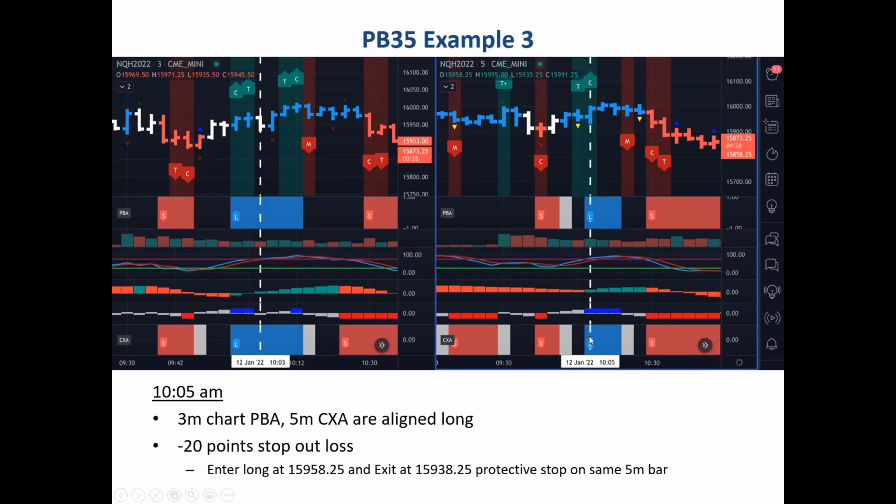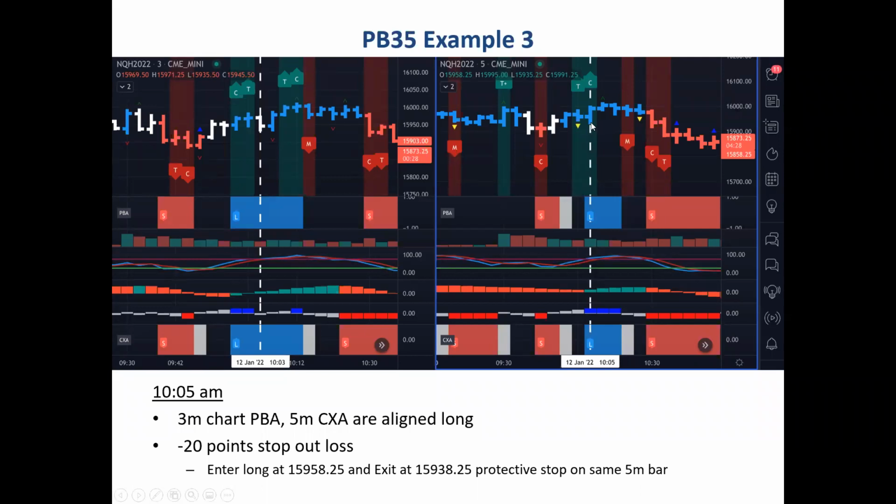So the first time we had full alignment between 5-minute CXA and 3-minute PBA was at 10:05, and we take that trade long. We're going to take that trade long at 958 1/4, and we are looking for it to get up to 938 1/4.